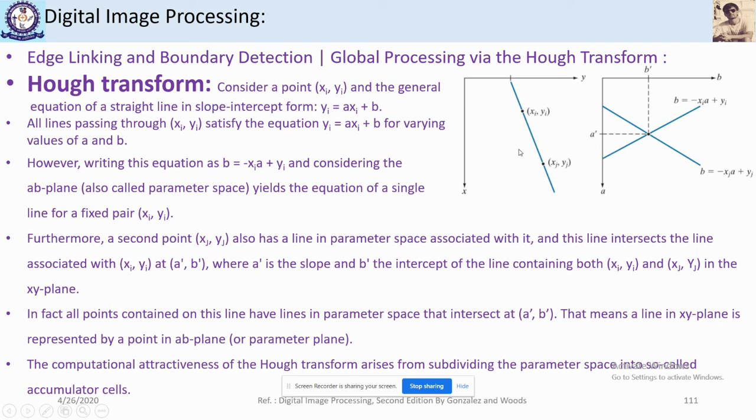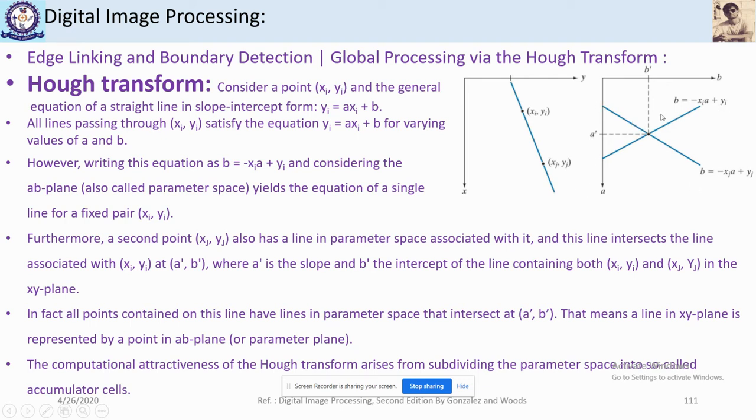That means here we have another point. Corresponding to this point, there will be a line in the parameter plane. So this line will be b is equal to minus xj a plus yj. So this is another point xj, yj, and corresponding to it this line will be there.